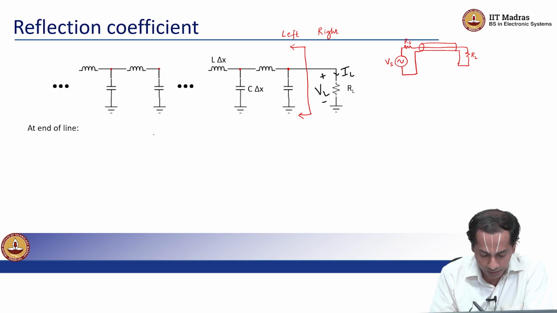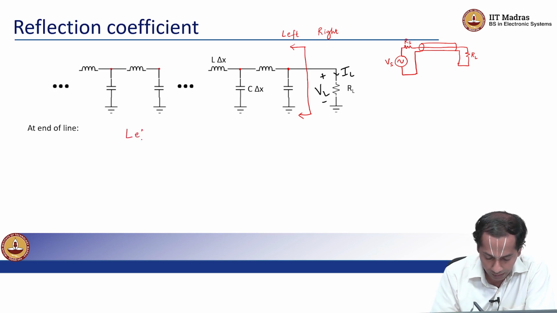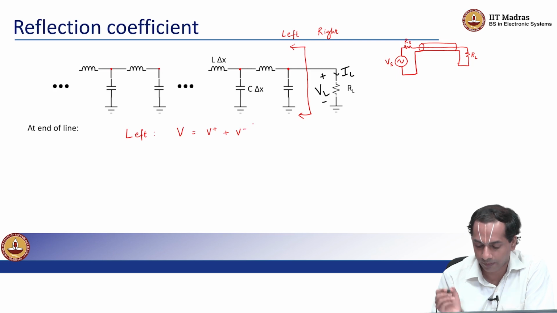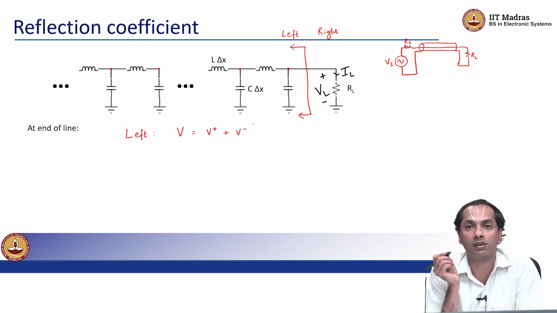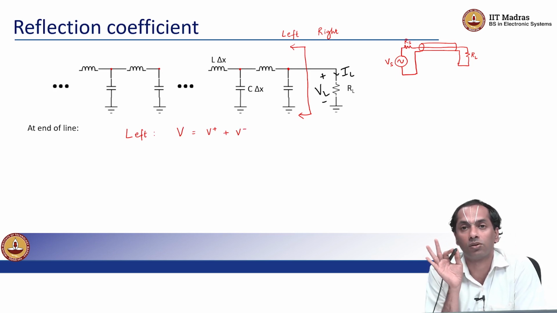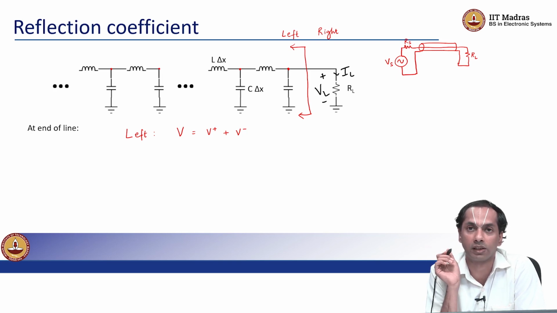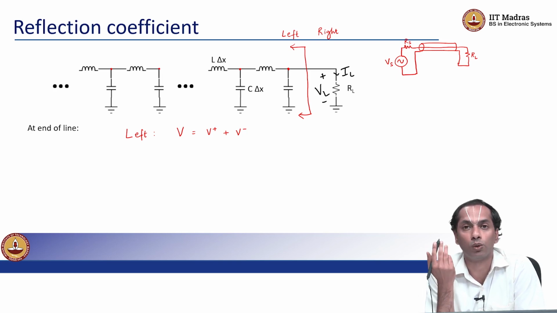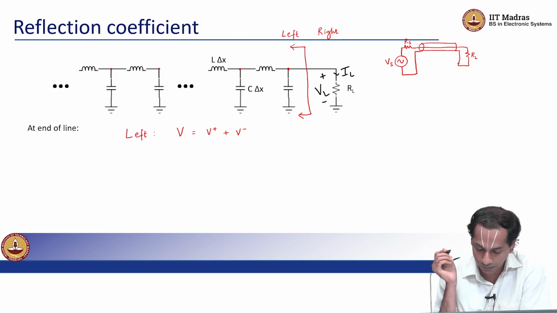So on the left we say that the voltage is essentially V plus plus V minus. We are not yet associating any particular form for these functions, V plus and V minus. It could be a pulse of voltage, it could be a continuously changing voltage, it can be anything.